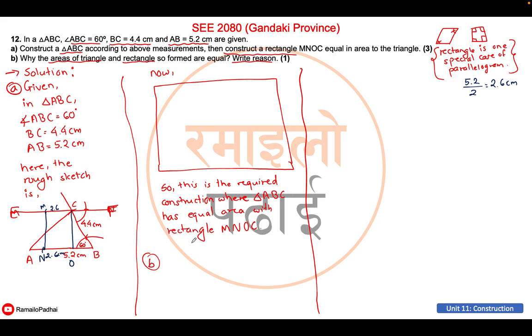So let me first explain what rectangle is. Rectangle is a special type of parallelogram with opposite angles 90 degree.